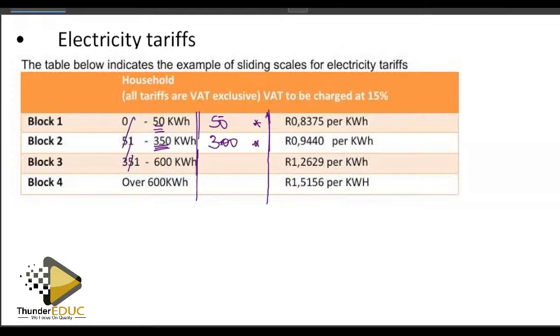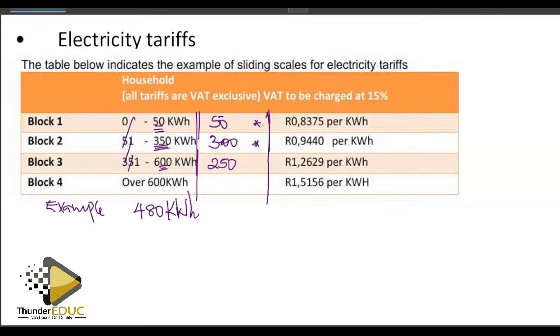Let's go on. What about block number 3? How many kilowatts do we need? Here, it's 600 minus 350, and this would take 250. So we take an example. Someone has used 480 kilowatt hours. How much would they pay?